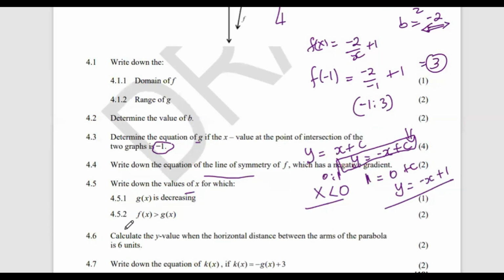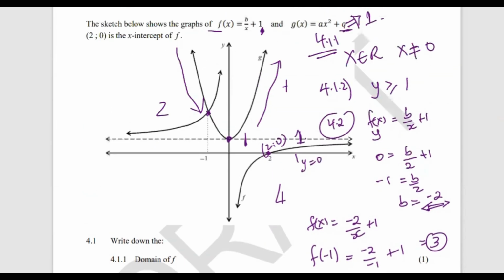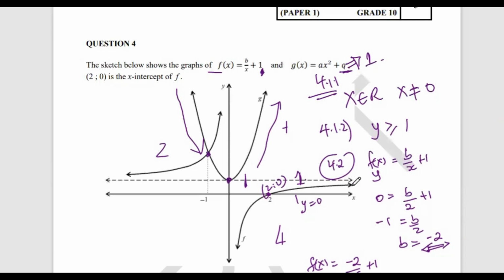Then where do we find f to be above g? F to be above g, that's what the greater sign means. F to be on top. So we can see at this point of negative 1, on the left, g is on top. And then to the right, sorry, f is above.